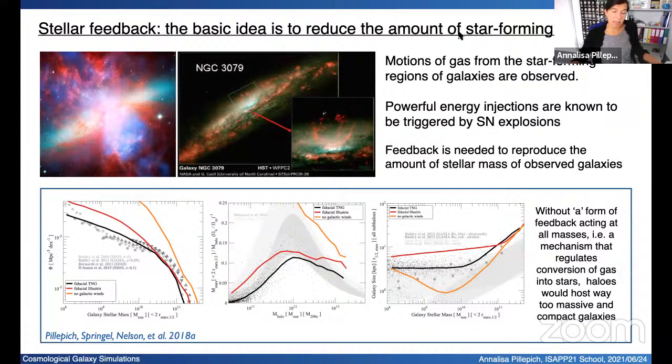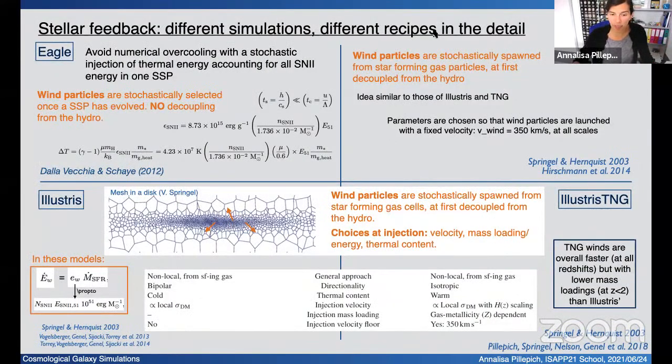And the stellar feedback is really implemented in a number of manners. For example, I just want to give you the example of the simulations I've been working on. The implementation of stellar feedback is very, very crude. We literally transform parts of gas cells into wind particles, a new type of particle that then, for a while, does not interact hydrodynamically, but only gravitationally.